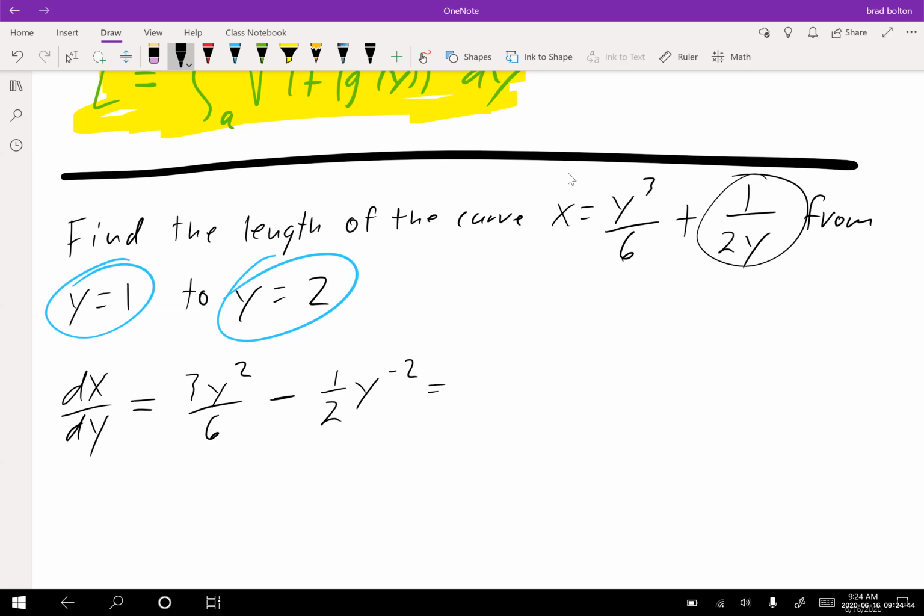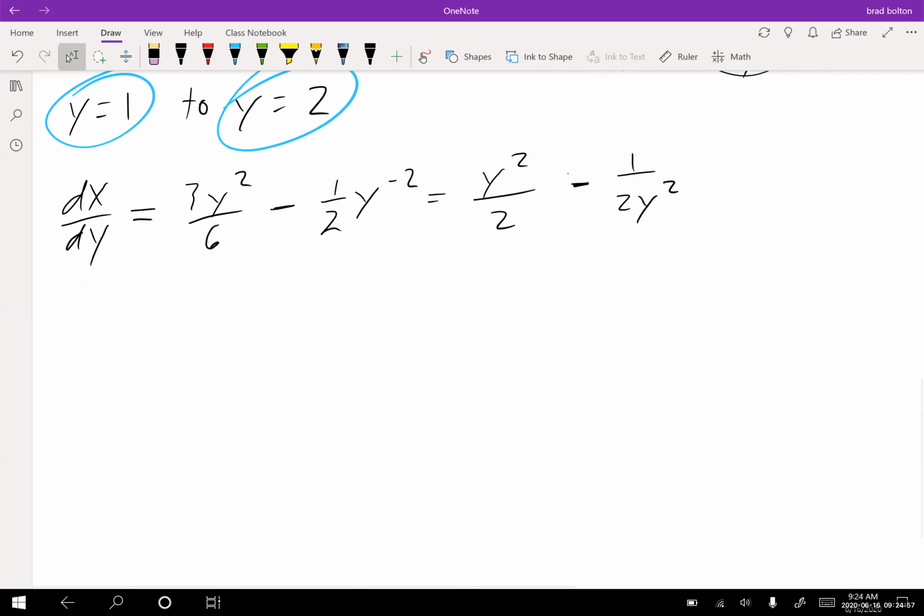So this cleans up to y squared over 2 minus 1 over 2y squared. Yeah, that looks good. So that's our derivative.